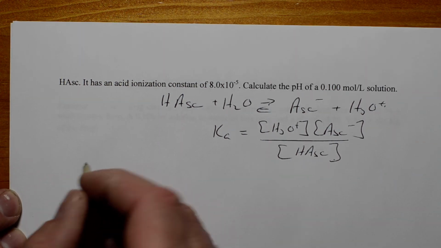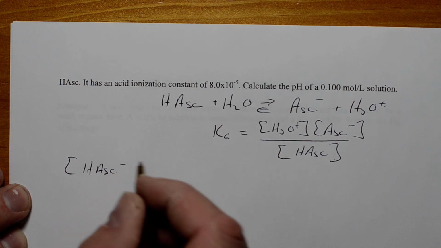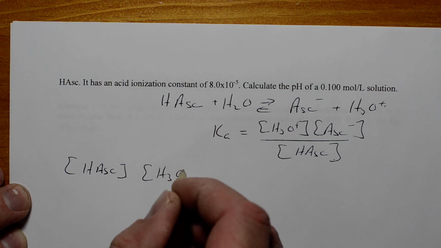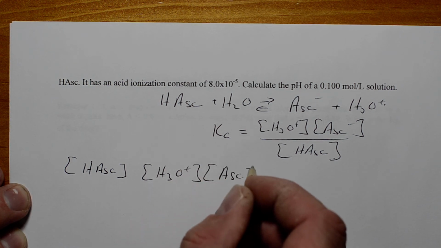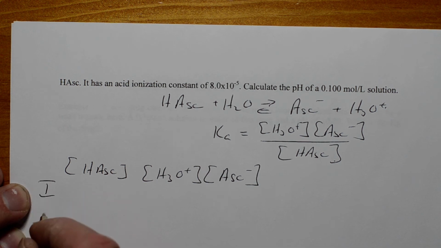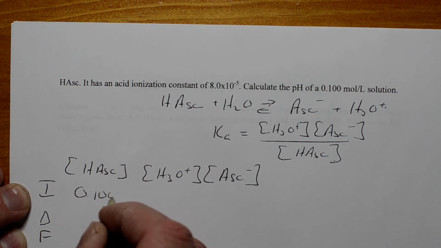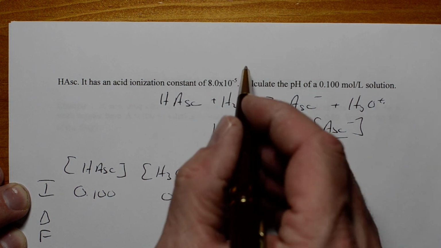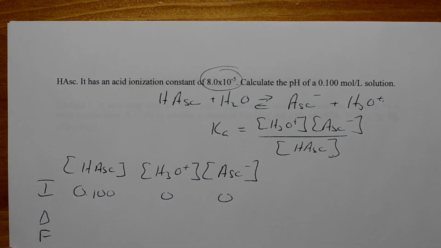Once again, I'm going to start with my table. Initial, change, final, 0.100, 0 and 0. But now what do we do? This time we're given the equilibrium constant.